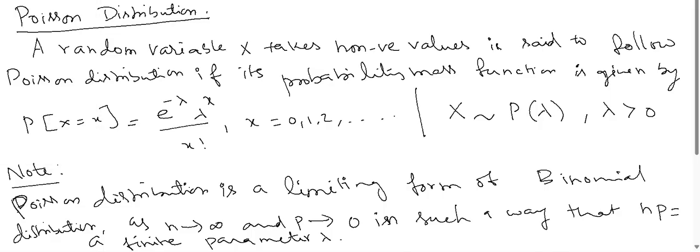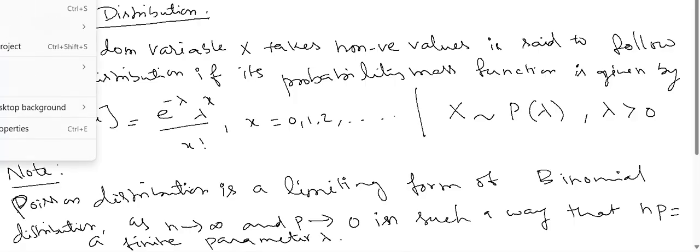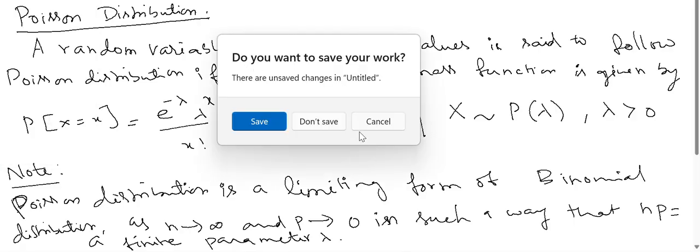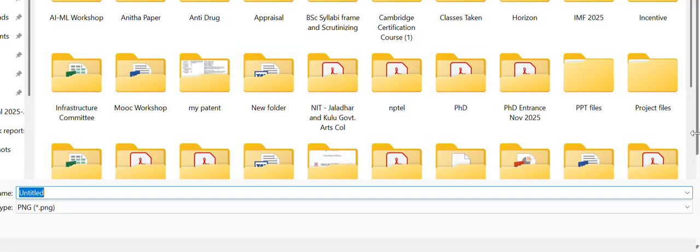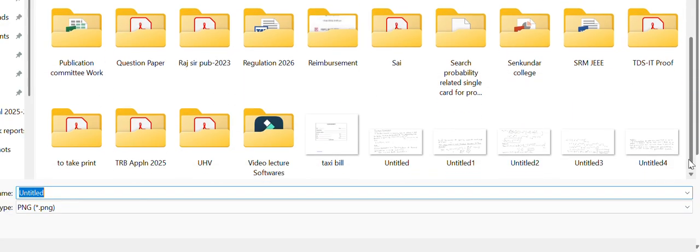Now we can see some example situations where we apply Poisson distribution. There are many examples where a very rare event occurs and the number of trials may be infinite.